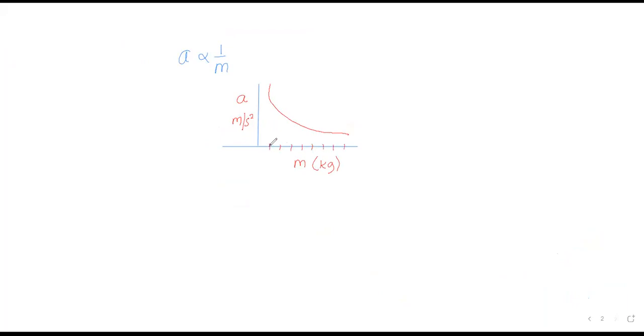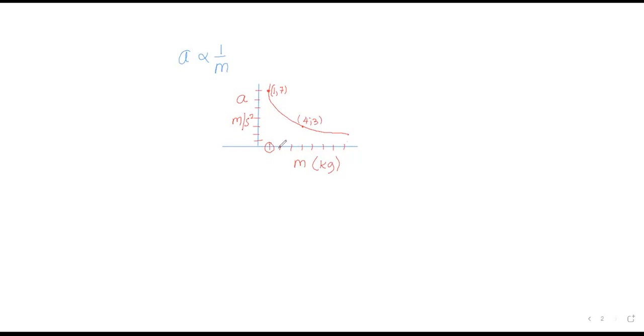Now, let's say mass one here has that acceleration, which is a bigger number up there. Let's say 1, 2, 3, 4, 5, 6, 7. Mass one corresponds with 7. Let's go to mass 4 here. You can see X is 4, Y is 3.